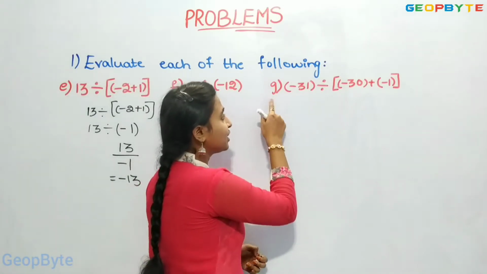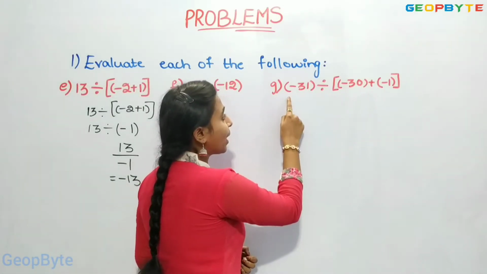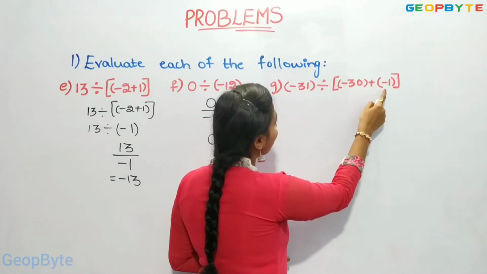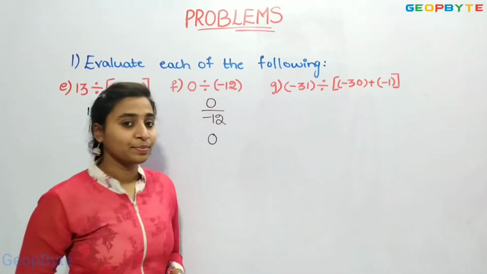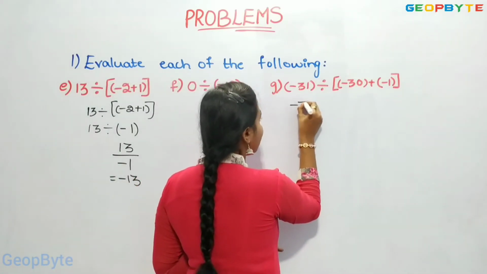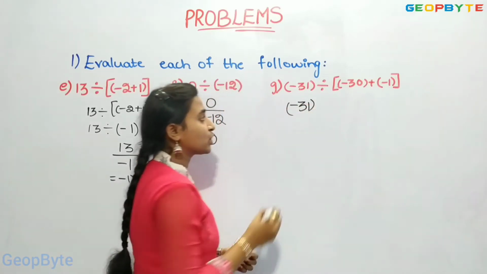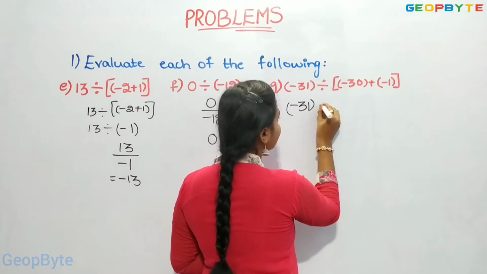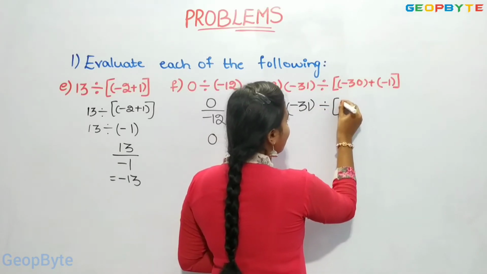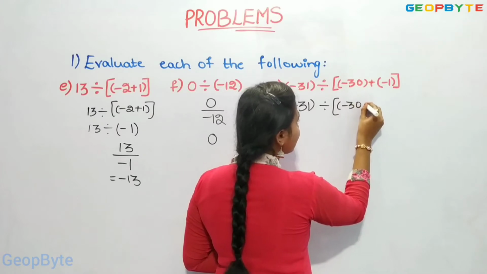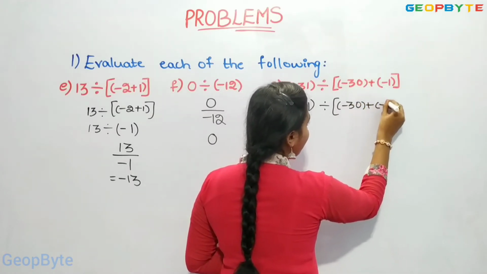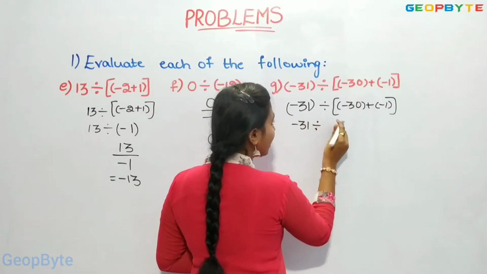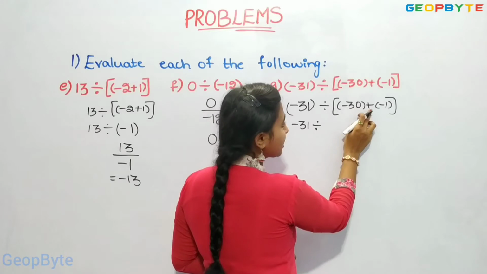If we see G bit, we have minus 31 divided by minus 30 plus of minus 1 in the brackets. Now, as per BODMAS rule, we have to solve the numbers which are in the brackets first. Minus 31 divided by, first let us write it as it is. Minus 31 divided by minus 30 plus into minus 1.